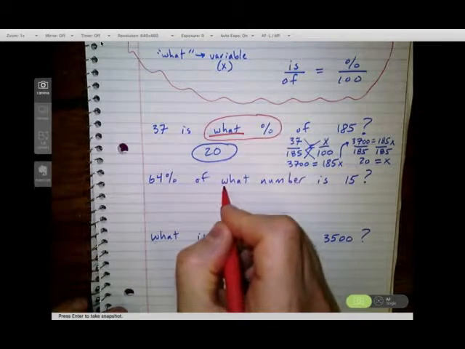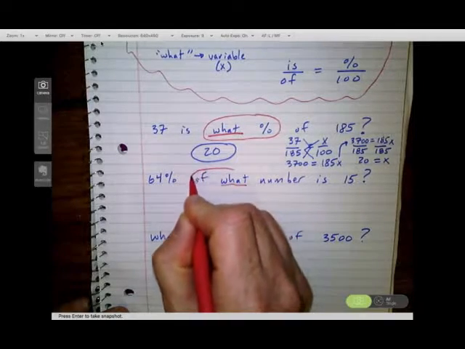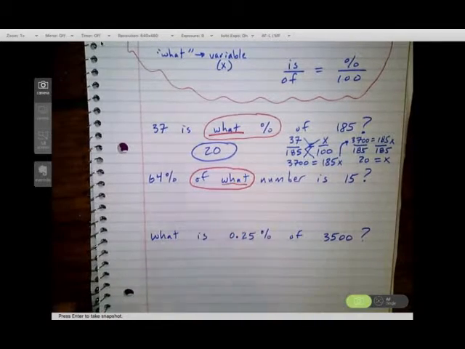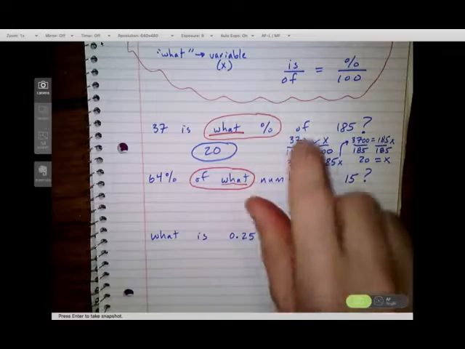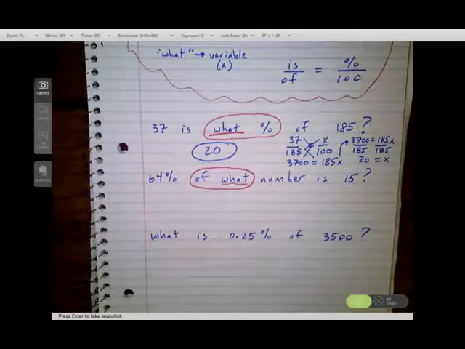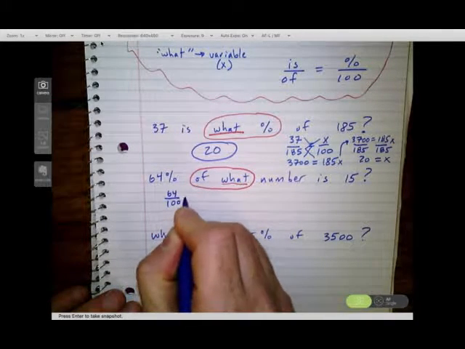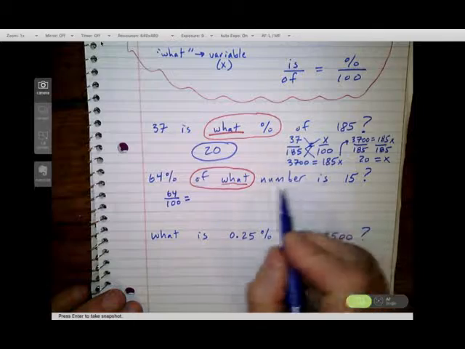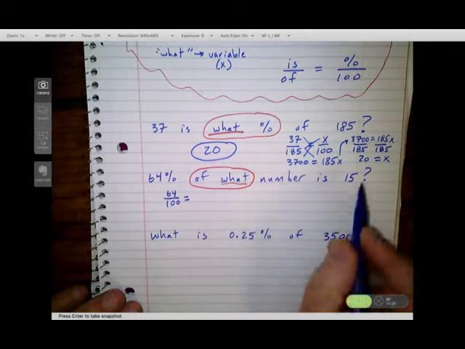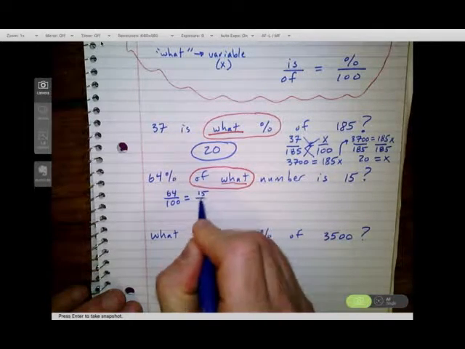Okay, so look, here's what, and it goes next to the word of. So x is going to go in of's place right up here. Okay, 64%. So that's 64 over 100 equals is over of. Again, the of is going to get the x, so it's 15 over x.